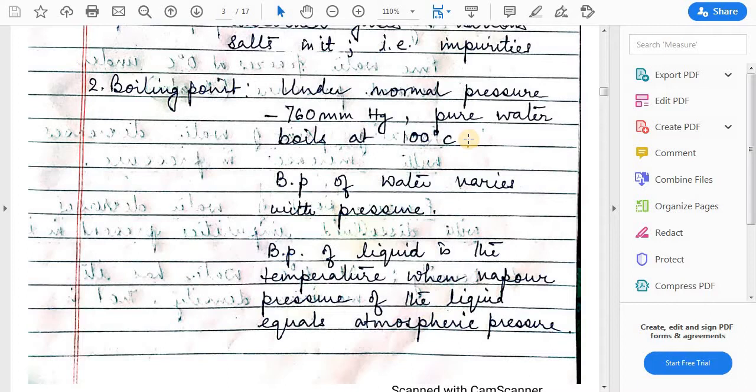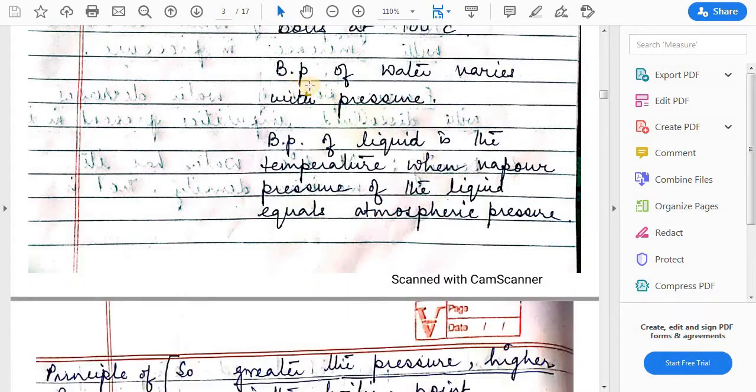Now what about the boiling point? Under normal pressure, which is 760 mm of mercury or 1 atmosphere, pure water boils at 100 degrees Celsius. The boiling point of water varies with pressure. This is a very important point for you.